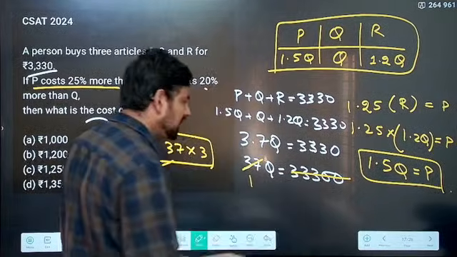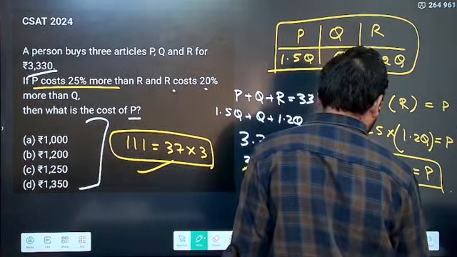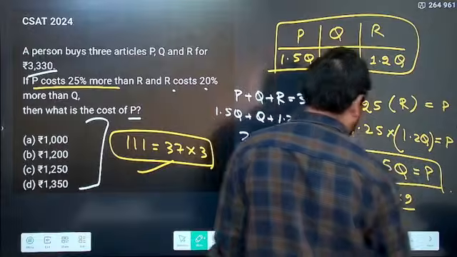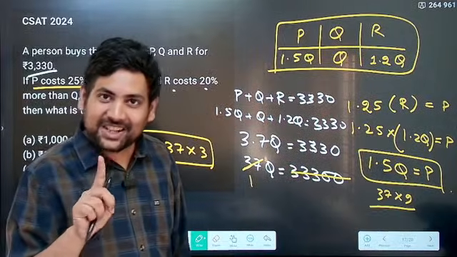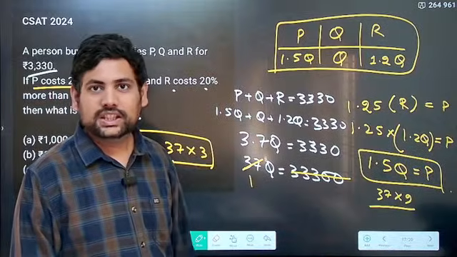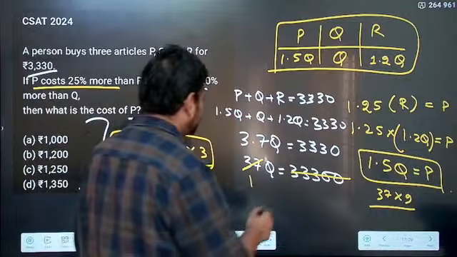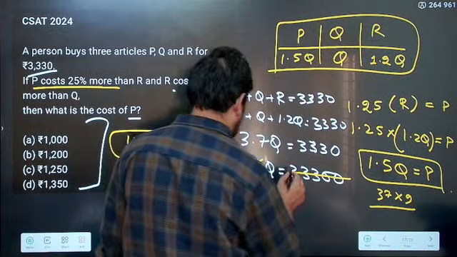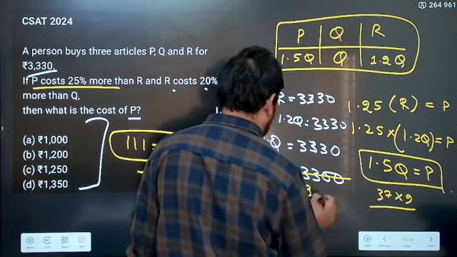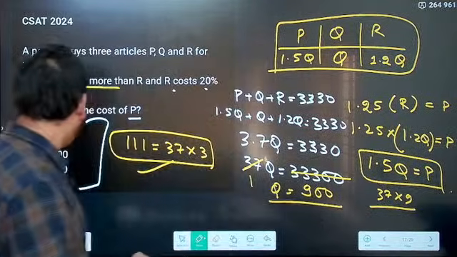Now 333, if you can see, is 37 into 9. 370 minus 37 gives you 333. So this goes 9 times and 00. So Q came out to be 900 rupees.